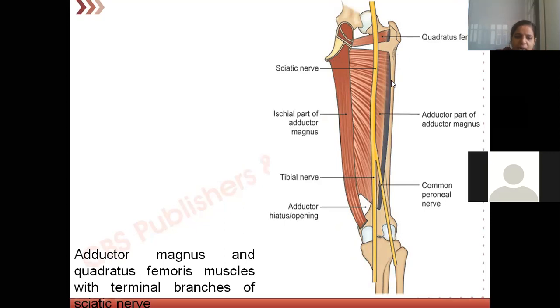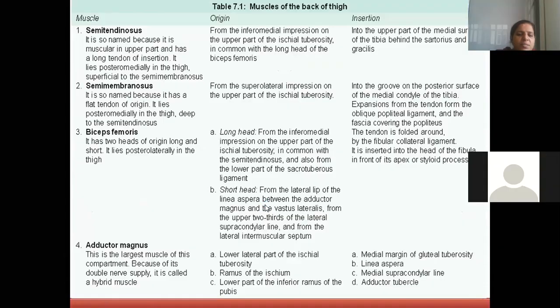Adductor magnus has its insertion all along the lateral lip of the linea aspera till the adductor tubercle, isn't it? We have seen it has many openings. One of the big openings is the hiatus, which allows the passage of the femoral artery, which continues as the popliteal artery, isn't it? So these were origin and insertion. You can go through the table which you have with you.